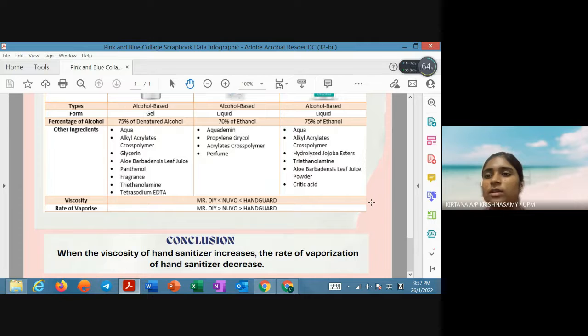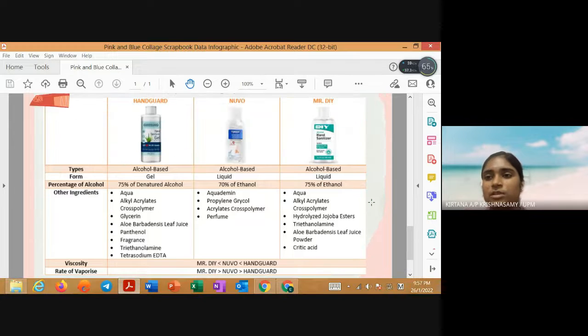To add on, we also discovered that all three hand sanitizers obey the requirement set by KKM, which is that hand sanitizer must contain a minimum of 60% ethanol alcohol.